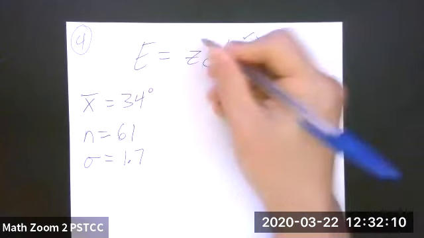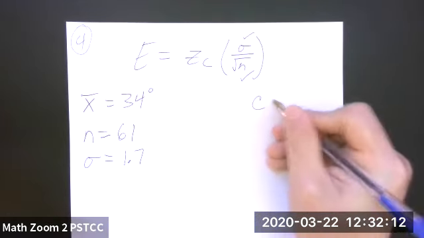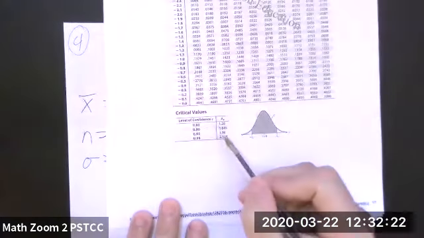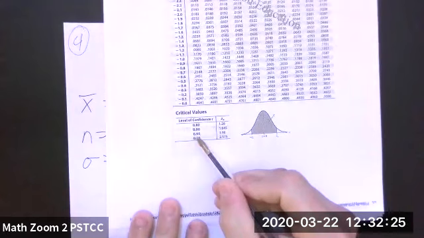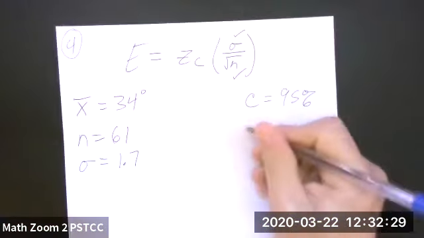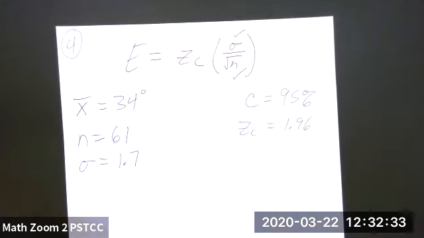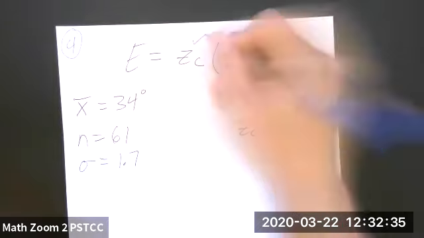We need to find z critical. The confidence level here is 95%. If we go to our z table, the z critical value for 95% is 1.96. And then we have everything we need.